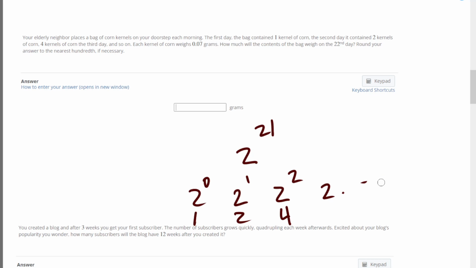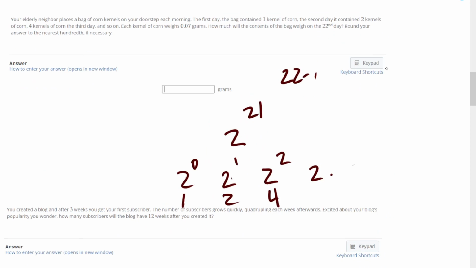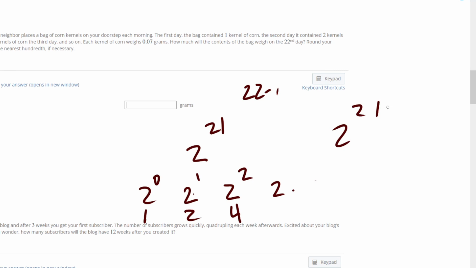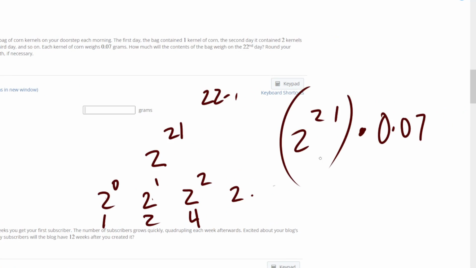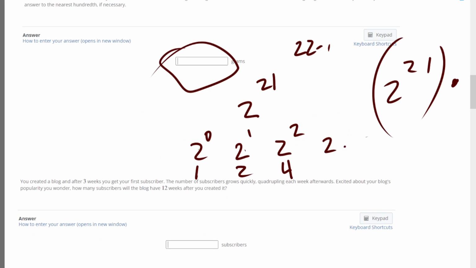We're already counting the first day, and that's 1. So 1, 2, 3, 4. Basically, we're doing 22 minus 1 because we've already counted the first day. And 2 to the 21 is going to be a crazy big number. Then we take our 2 to the 21 and multiply it by 0.07 because each kernel weighs that much, and that will give you the amount.